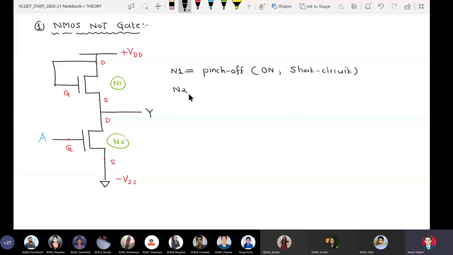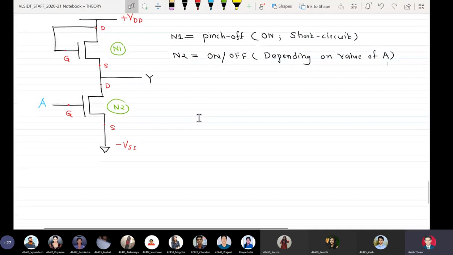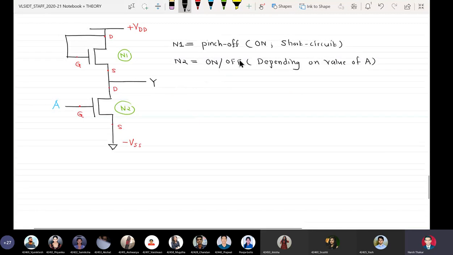N2 is acting as a MOS switch, so it is on or off depending on the value of A. We know that an NMOS, if the gate receives 1, it is on; if the gate receives 0, it is off. It's an active high device. And in the pinch off region, N1 will act as a resistor, an active resistor.